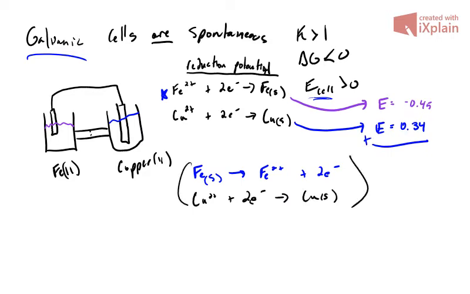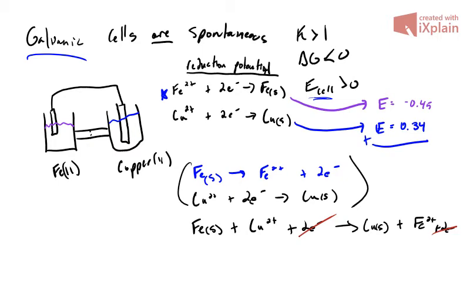When we add these two together, we get Fe solid plus Cu2+ plus 2 electrons gives Cu solid and Fe2+ and 2 electrons. Now, at this point, we need to make sure that the electrons cancel out. If we cannot cancel out electrons, then we have to put coefficients in the half reactions to make sure that we can. In this case, they both have 2, so we can just go ahead and cancel out those electrons, and what we're left with is their redox reaction.